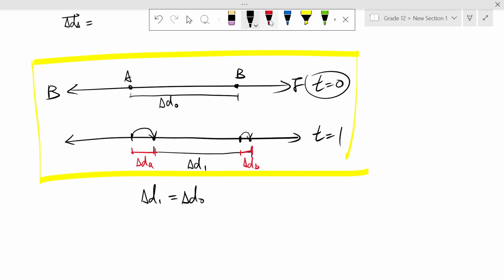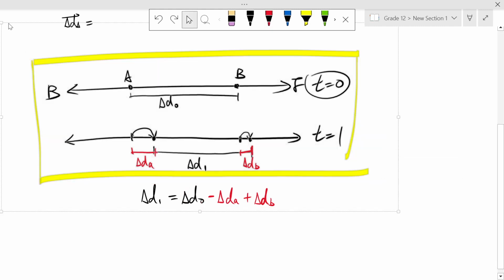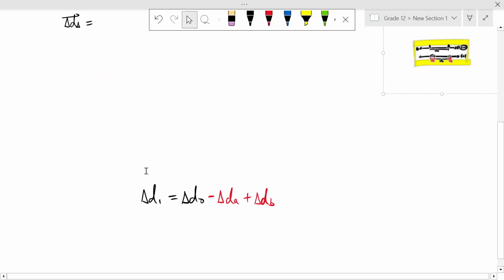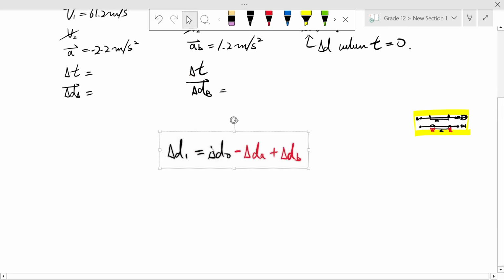What I mean is, it's actually just delta d0, the original displacement, minus whatever you have here, delta dA, plus what you gained, delta dB. Now you can try to solve this by finding all the other ones, but that is my little visualization for you over there. I'll minimize it somewhere, and I'll keep this one here.